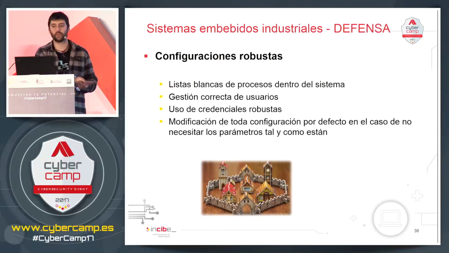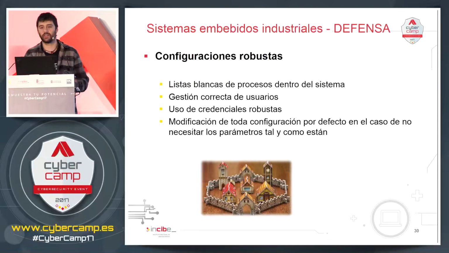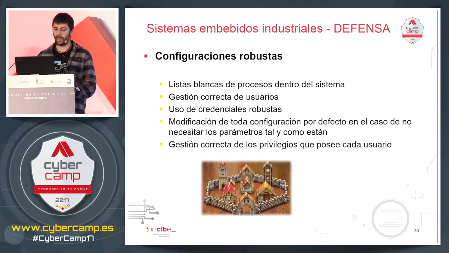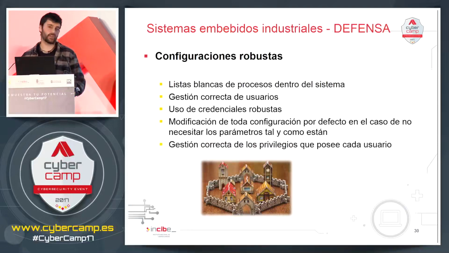Some people are aware of this, some customers don't, some manufacturers do, but they don't say it. And sometimes you discover it yourself and you realize that you can reboot the machine remotely. So you have to be very careful about these functionalities, because sometimes they are unknown or undocumented.